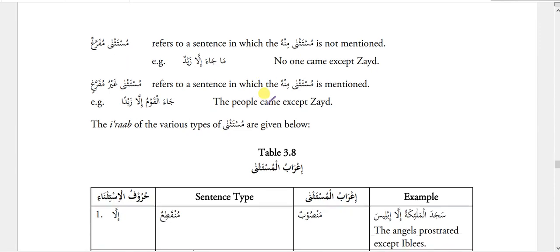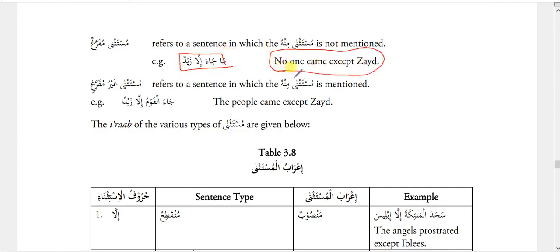Now then we have mustasna mufarragh, which refers to a sentence in which mustasna minhu is not mentioned. Sometimes mustasna minhu is obvious, so it is removed from the sentence, or sometimes there is no need of mustasna minhu, we simply want to emphasize the word. For example, when I am saying ma ja'a illa Zaidun, no one came except Zaid.